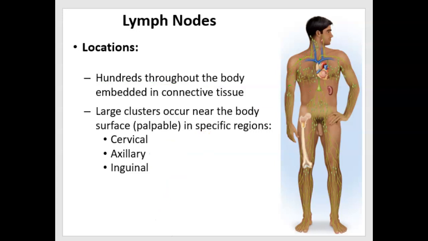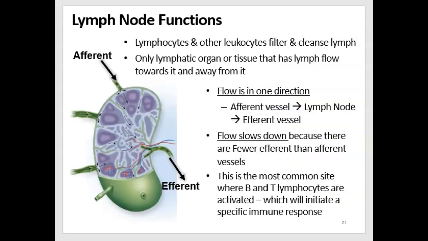So let's look in a little bit more detail at why these lymph nodes exist. Why are these enlarged, kind of organ or kidney-shaped structures? What do they do? What are they made up of? Well, they really are truly organs because they have multiple tissue types.